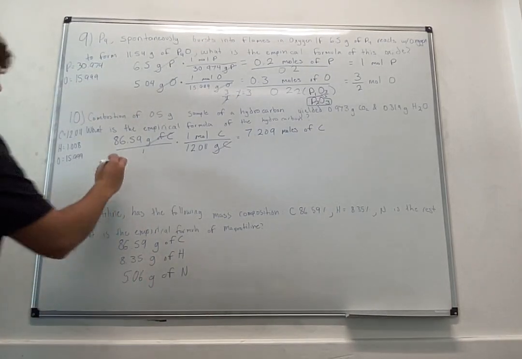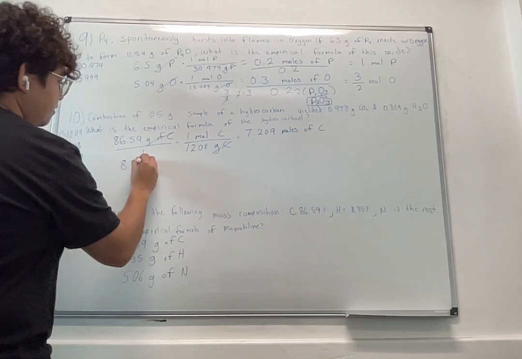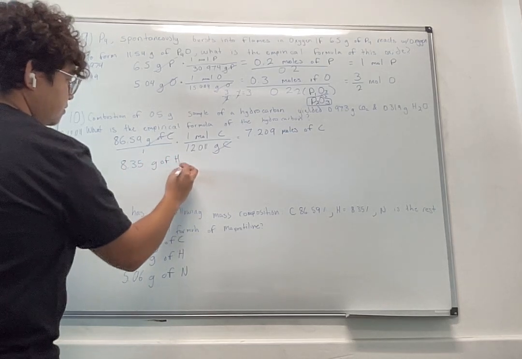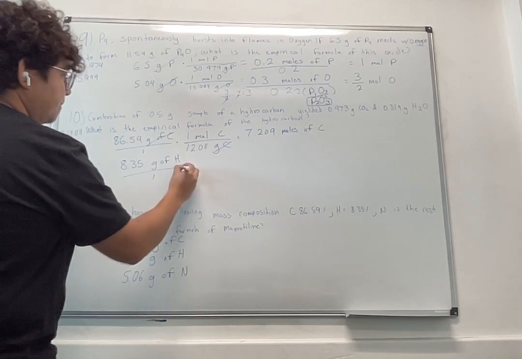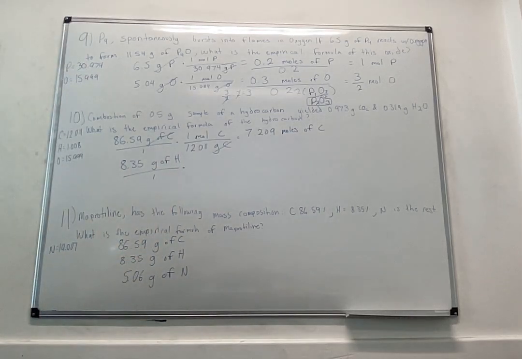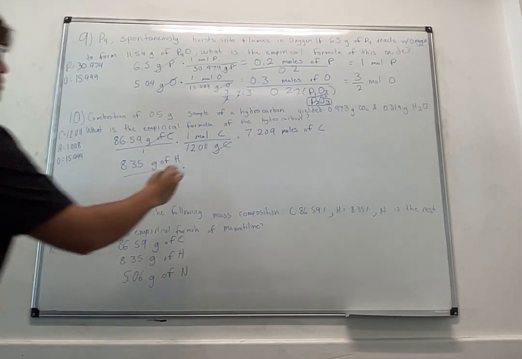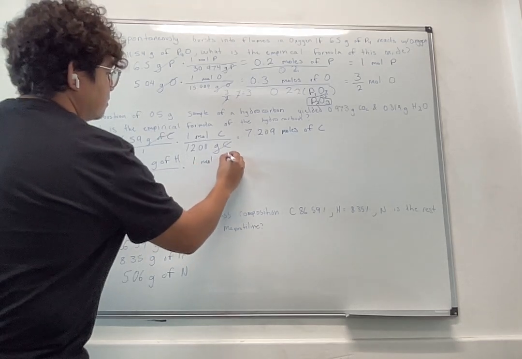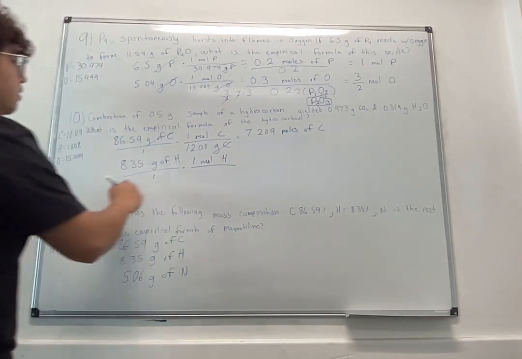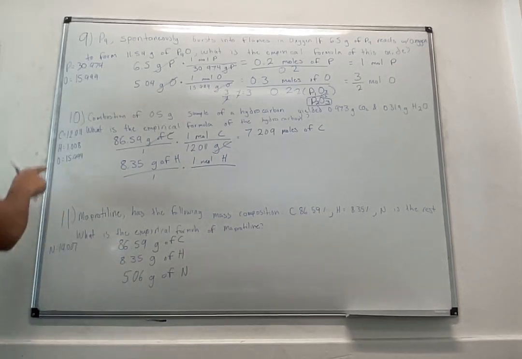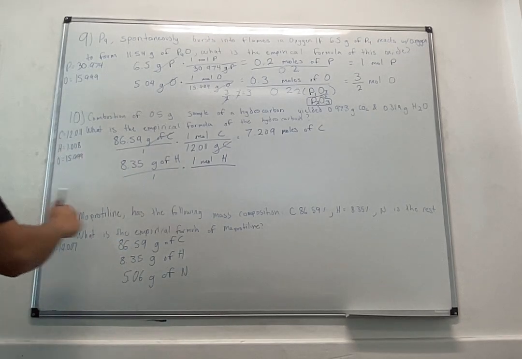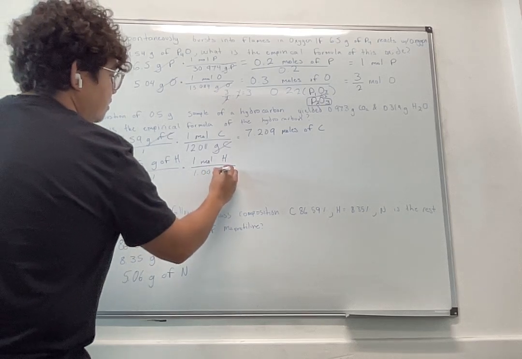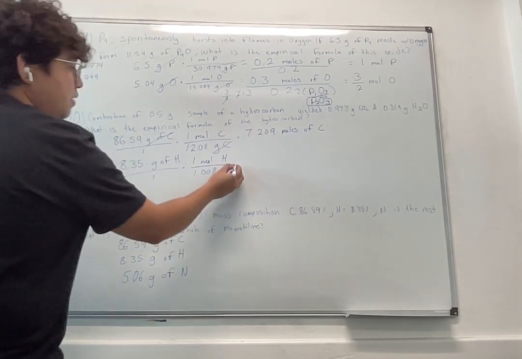Next, hydrogen, 8.35 grams of hydrogen times, remember, same thing, 1 mole of hydrogen over, how much does that hydrogen weigh? 1.008 grams of hydrogen. So these grams cancel out.